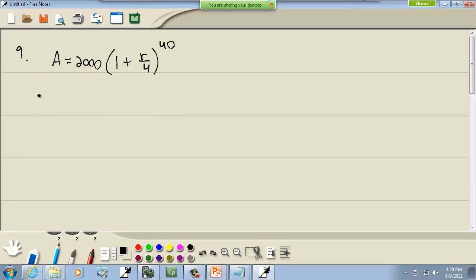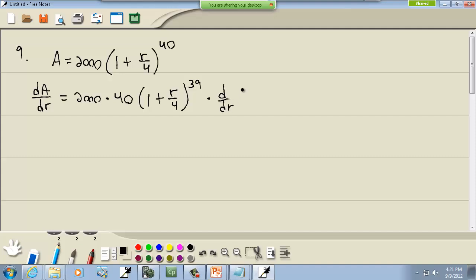So we're going to take the derivative of A with respect to r. Well, if we have a number out in front, the number stays out in front, remember? This is parentheses to a power, so chain rule. Take our power, put it out in front. What's inside the parentheses remains as is. Lower our power by 1. And then we multiply it times the derivative with respect to r of what's inside the parentheses.